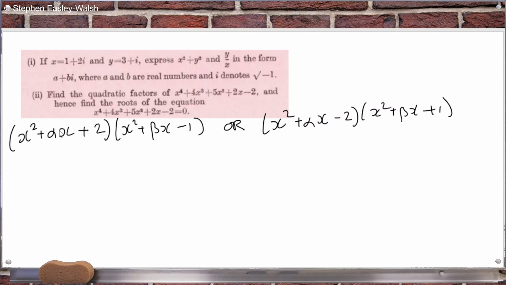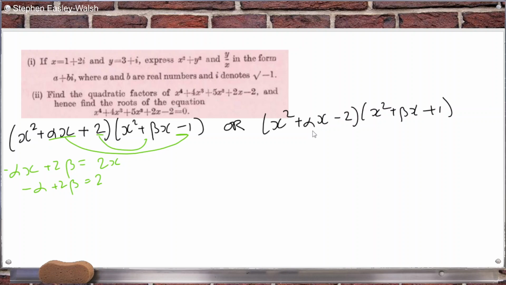So the x term will be that times minus 1. So that's alpha x. And then 2 times the beta, minus alpha x plus 2 beta. That should equal 2x, or in other words, minus alpha plus 2 beta should equal 2.